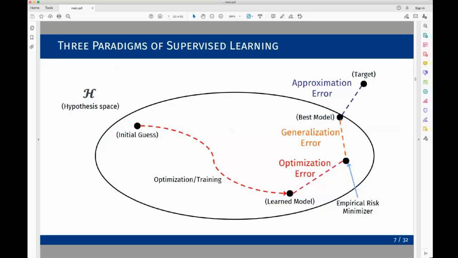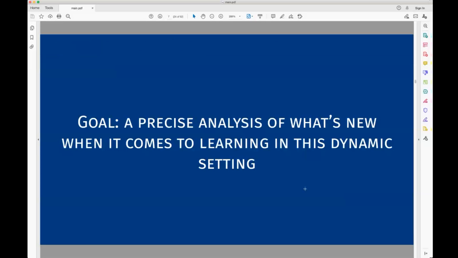This distance is called the generalization error. So the approximation error, generalization error, and optimization error, 3 types of errors together characterize the difference between the target functionals and our approximation models. In this work, when analyzing recurrent neural networks, we will mainly focus on the first part, the approximation error and optimization error. That will be the focus in today's talk.